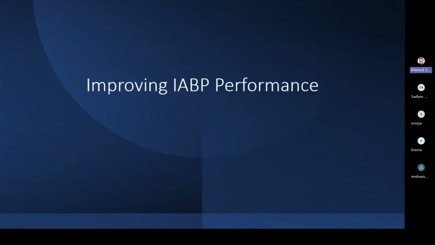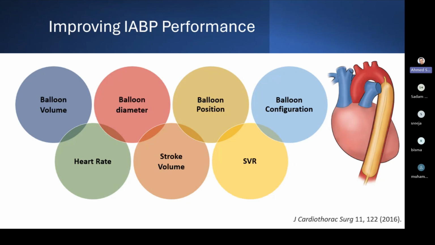And the next part is about improving the intra-aortic balloon performance. So if you have an intra-aortic balloon, how will you be able to improve its performance? There are many factors that affect the performance of the intra-aortic balloon. There are factors related to the balloon itself, and factors related to the patient.